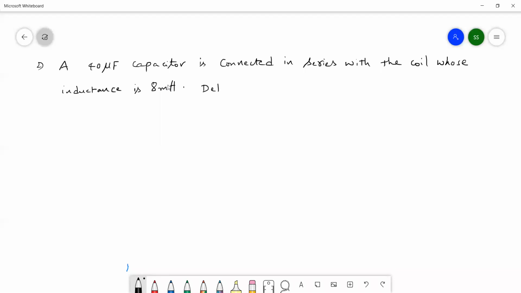Then determine: the first bit, they are asking the resonant frequency. Second bit, the resistance of the coil.